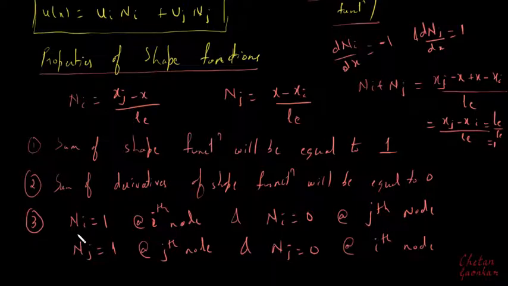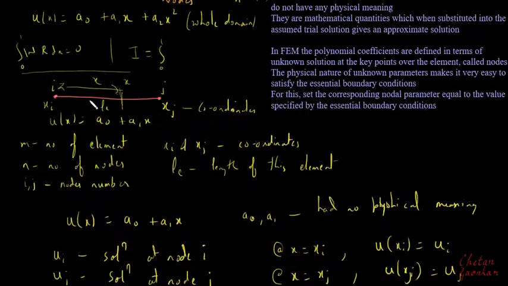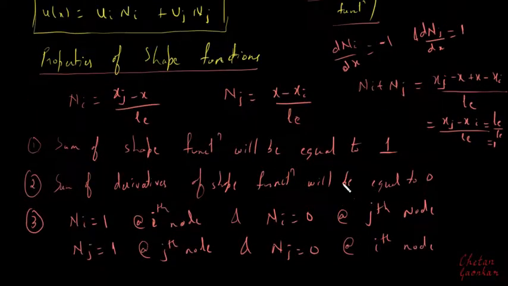That means these shape functions are equal to 1 at their own node. So Ni will be equal to 1 here, whereas here it will be 0, and Nj will be equal to 1 here, and here it will be 0, and that is very easy to understand also.